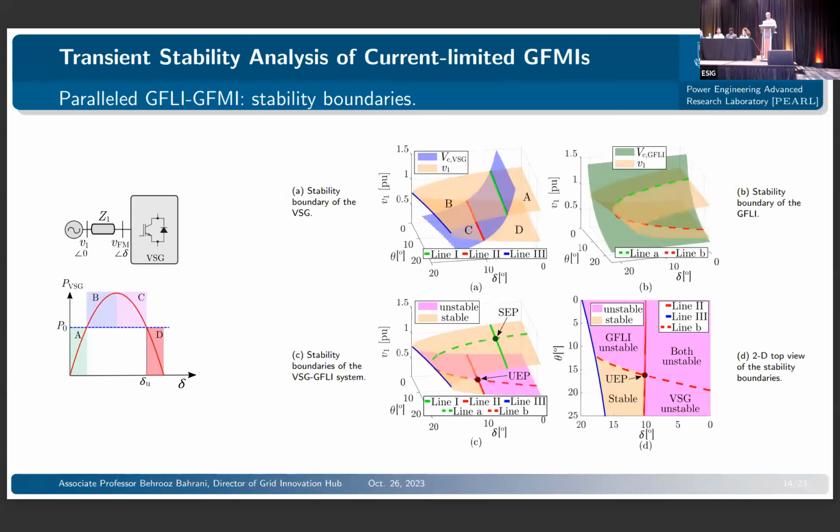But essentially, this analysis tells you where the two systems together will remain stable if there is a fault in the system. In the last graph, you can see there is this particular region where both of them will still remain stable. If a fault occurs and you still stay in that region, the whole system will remain stable.